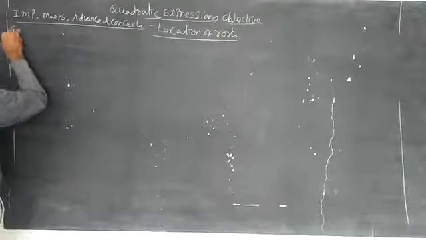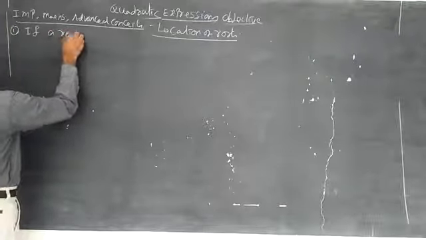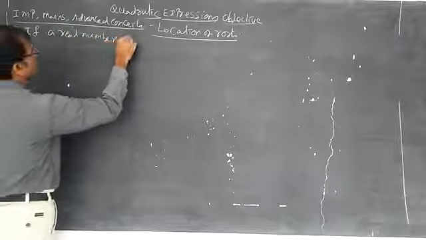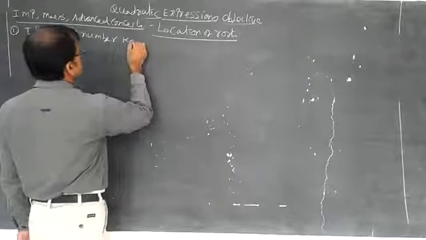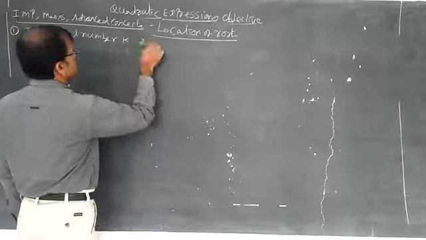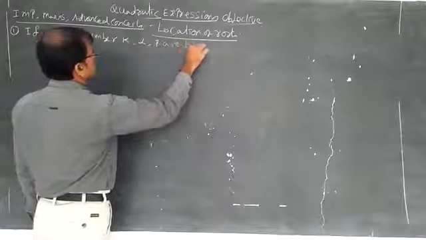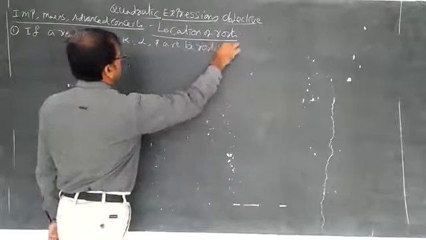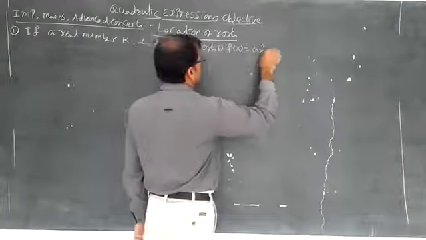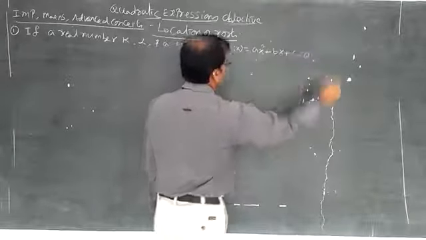In this first one, if a real number k exists, alpha comma beta are the roots of f of x, that is, the quadratic equation ax square plus bx plus c is equal to 0.